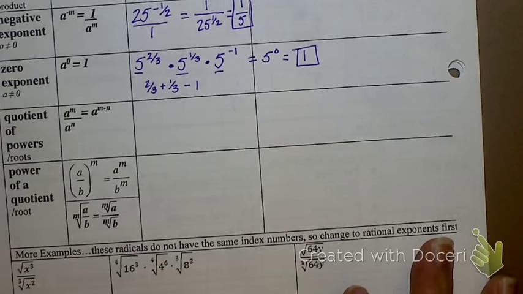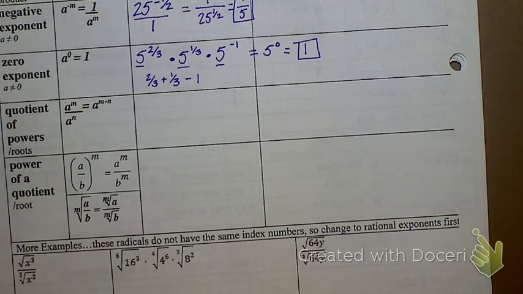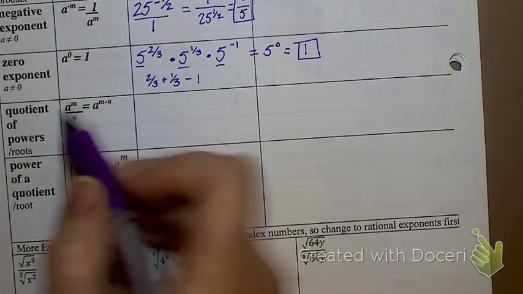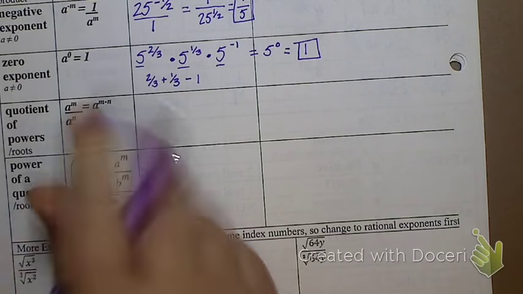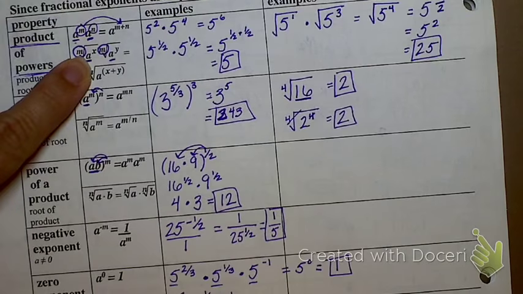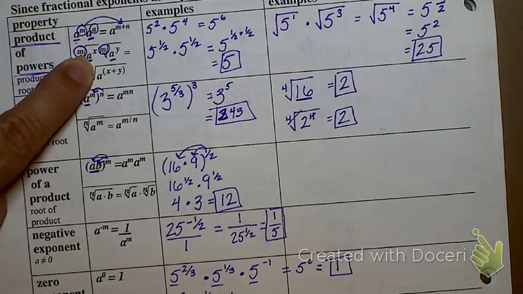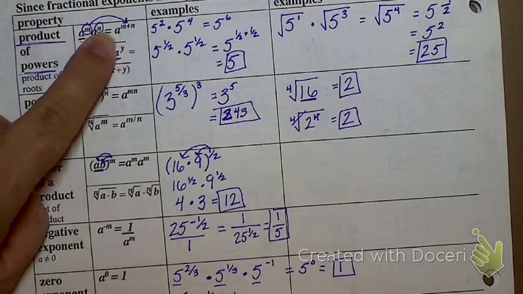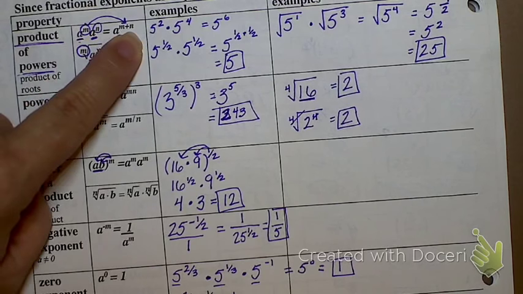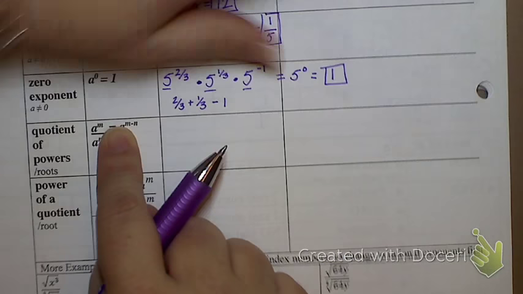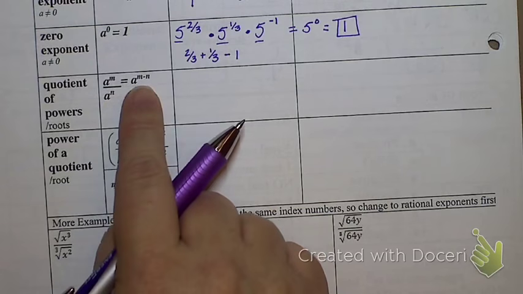All right. Quotient of powers. This one is very much kind of like the opposite of the product of powers. Product of powers, quotient of powers. Does it make sense that product would be the opposite of the quotient? When I have a product, meaning that they're multiplied, I'm going to add the exponents. When they're being divided, what am I going to do?